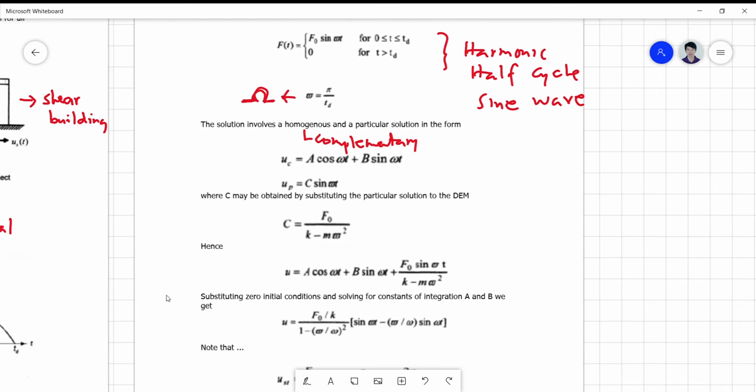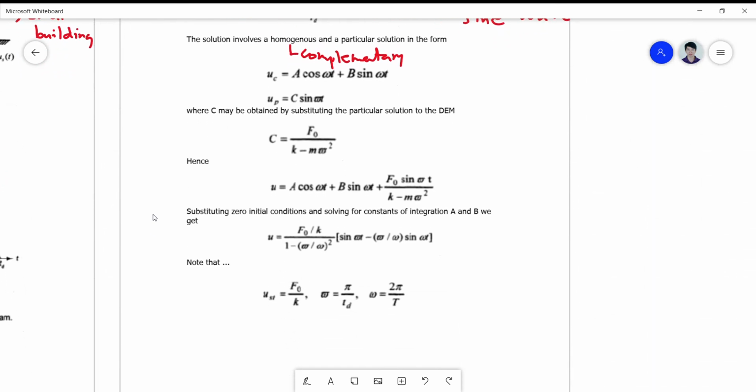Okay, substituting zero initial conditions wherein the velocity and the displacement are zero, and solving for the constants of integration A and B, we can simplify further this complete solution into a specific solution in terms of Fo over K, where Fo over K we know is the static displacement or deflection. Your omega bar is simply pi over the time duration TD, and omega is simply equal to 2 pi over the period T.